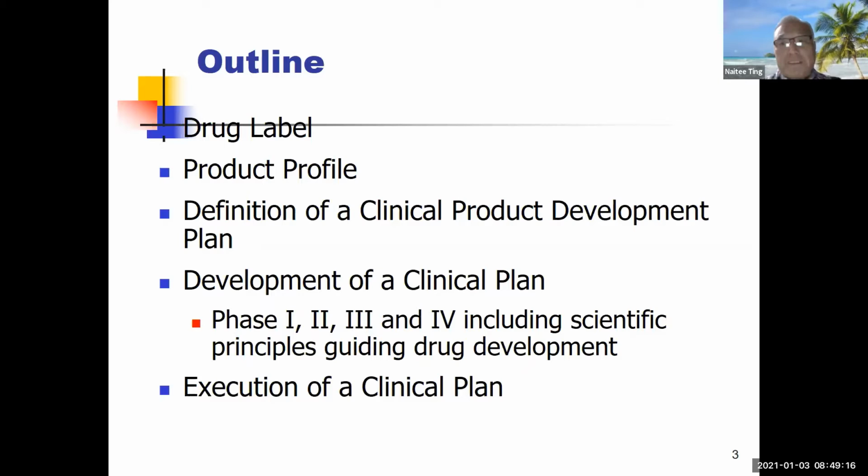And then for the drug salesman, when they go to the doctor's office, they'll try to convince the doctor to prescribe this drug. At this point in time, in this conversation between the company's salesman and the doctor, all the salesman can say must not go beyond the drug label.